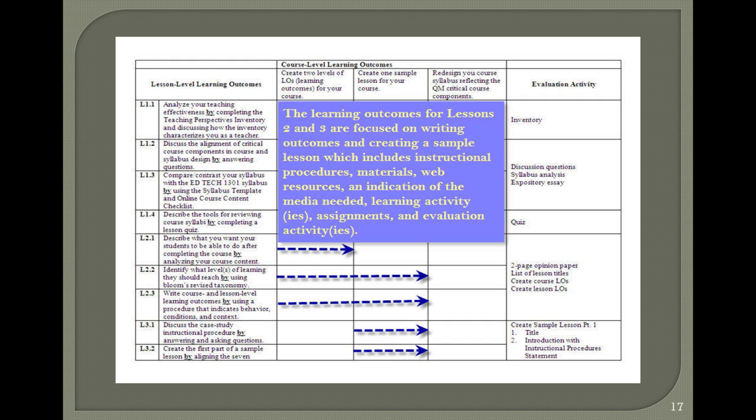The learning outcomes for lessons 2 and 3 are focused on writing outcomes and creating a sample lesson which will include instructional procedures, materials, web resources, an indication of the media needed, learning activities, assignments, and evaluation activities.